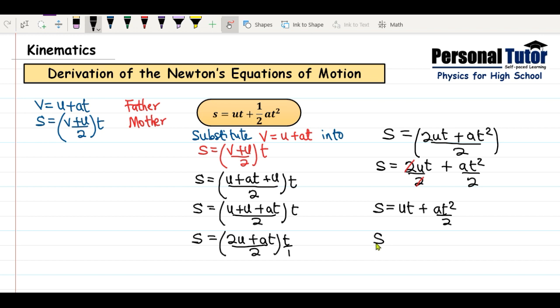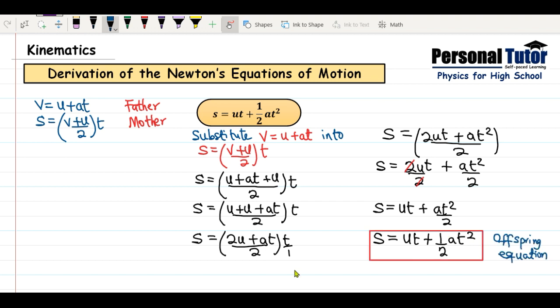Then it can be written in this way as s equals ut plus the division by 2, which can also be written in fraction form as half, and it continues as at squared. And interestingly, that is how the first offspring equation was also proven.